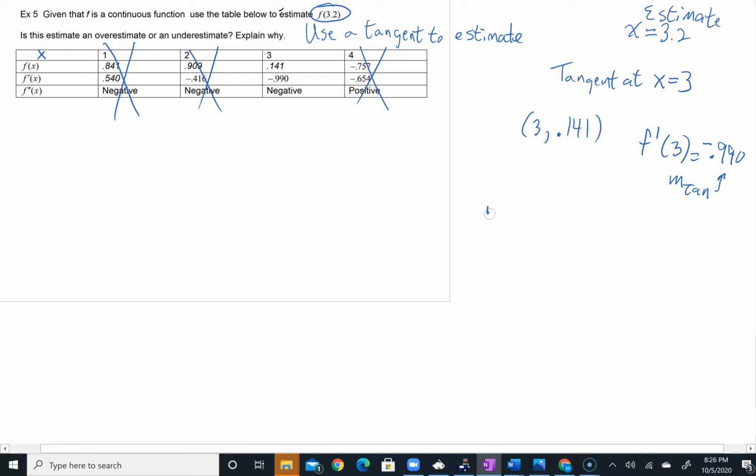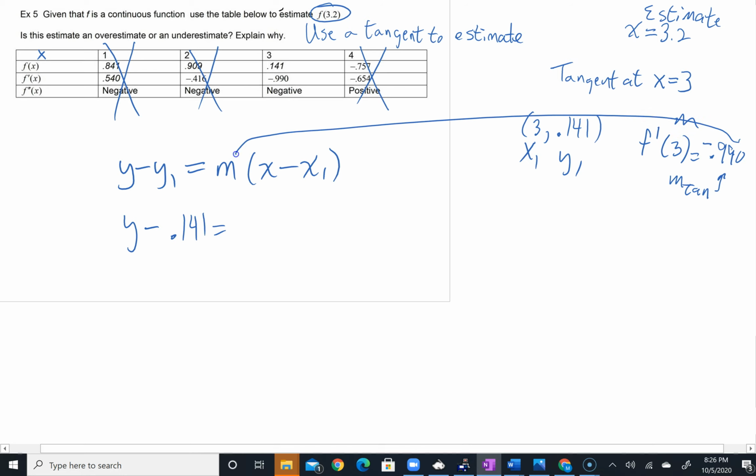So remember how we can proceed with a tangent line situation. We've got our x1, y1 right here, so I could say y minus 0.141, and my m is actually negative 0.990. And I'll have x minus, well, my x1 is going to be 3. Okay, so here's my tangent line equation.